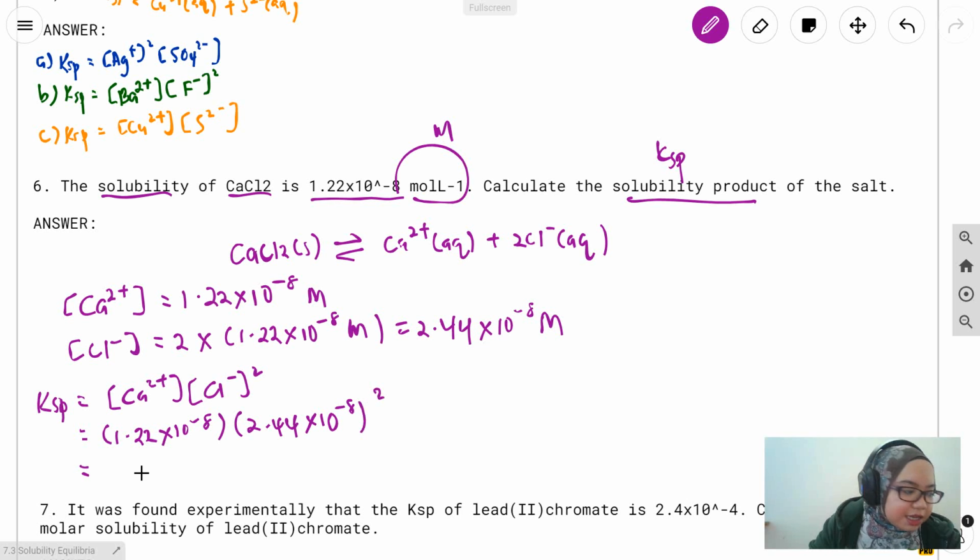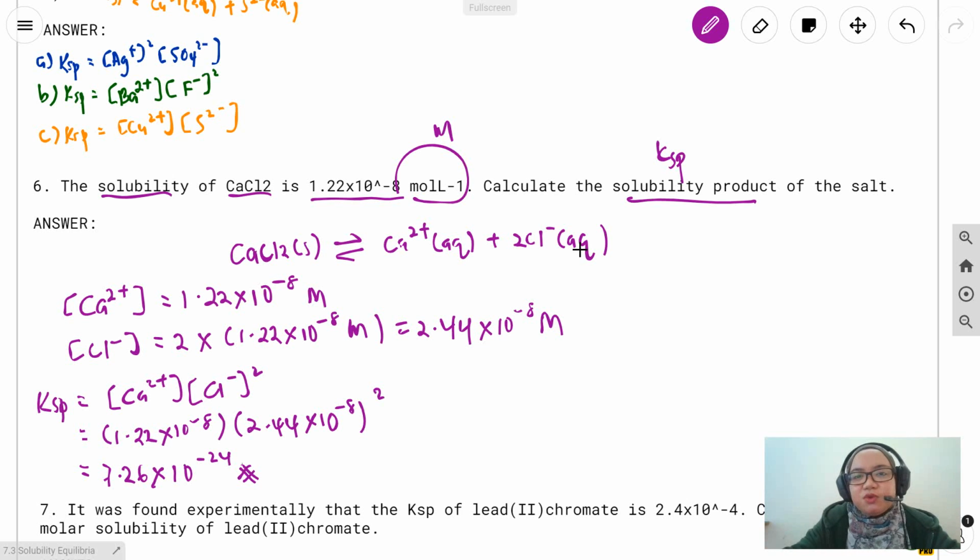So you will get KSP equals 7.26 times 10 to the power of negative 24. If you use the ICE table method, you will get the same answer too. This is more of a short method; you don't need to make the ICE table. But actually it is safer to make the ICE table. I just want to explain that there is another way to get the same answer.